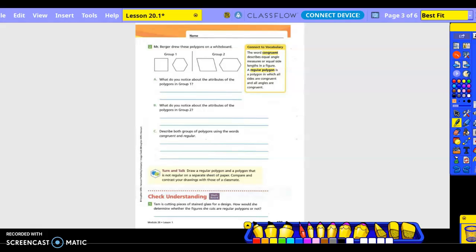Okay, what do we notice about number 2 for group 2? They have the same sides as the first one, except they're just. Are their angles the same measure? No, because if you notice here, this angle measure would be the same as this angle measure, right?